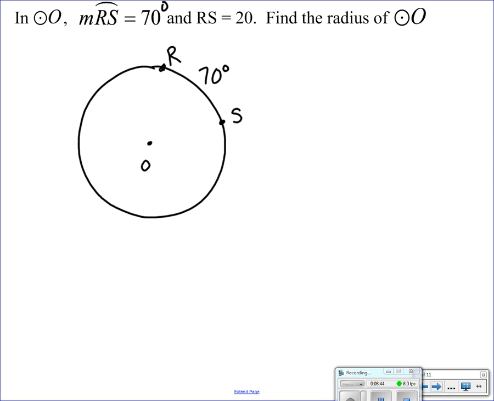That arc measure is equal to 70. Our chord is equal to 20 units long. We're looking for OS or OR. Angle ROS is a central angle.